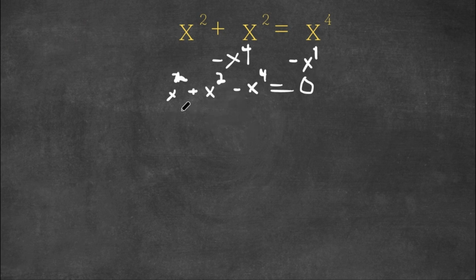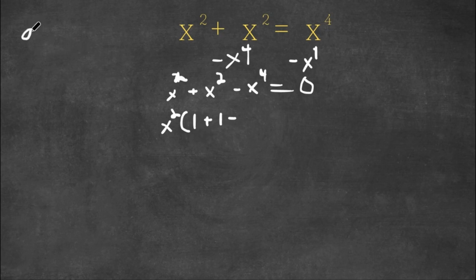Now what I'm going to do is factor out the greatest common factor of all these terms, which is actually x squared. So now we have x squared times x squared divided by x squared, which is 1, plus x squared divided by x squared, which is 1, minus x to the power 4 divided by x squared.